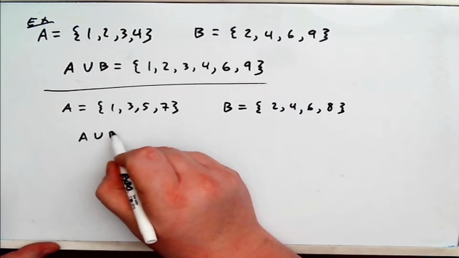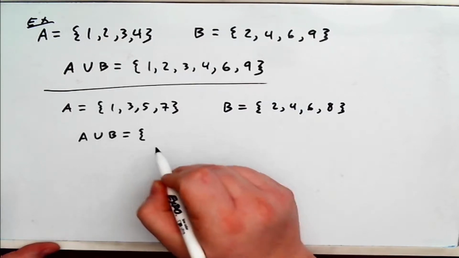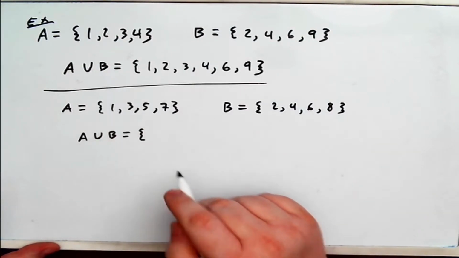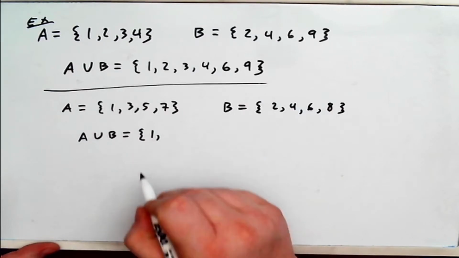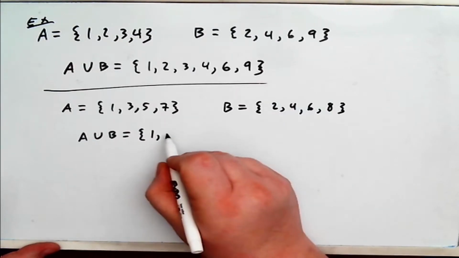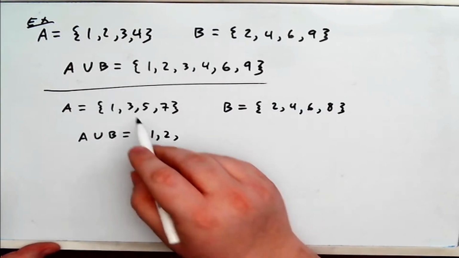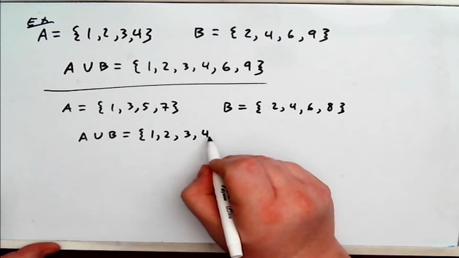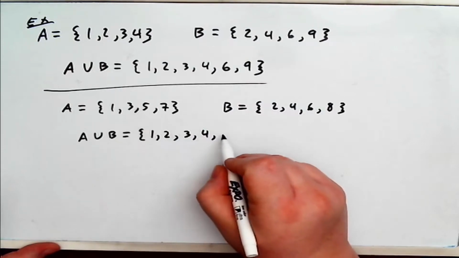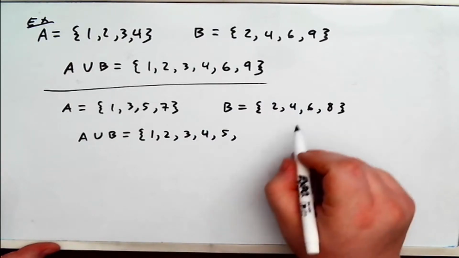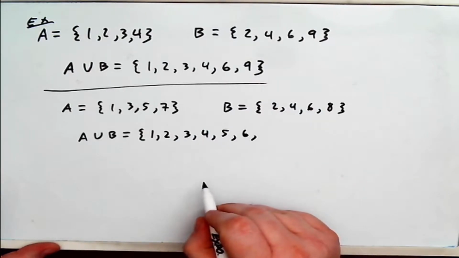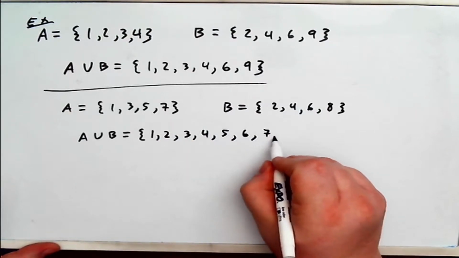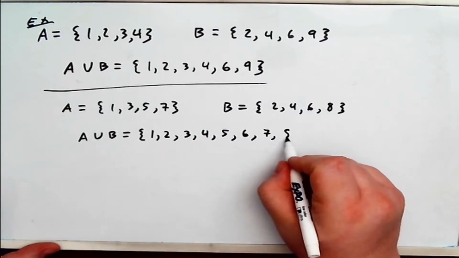A union B is going to be the set that brings all these elements together. So we need a 1 from A, we need the 2 from B, we need the 3 from A, the 4 from B, 5 from A, 6 from B, 7 from A, and finally 8 from B.